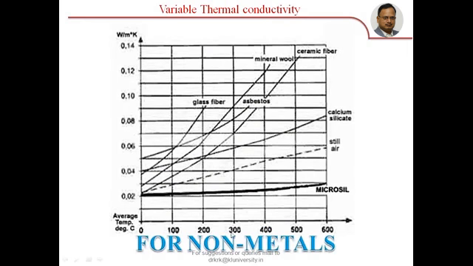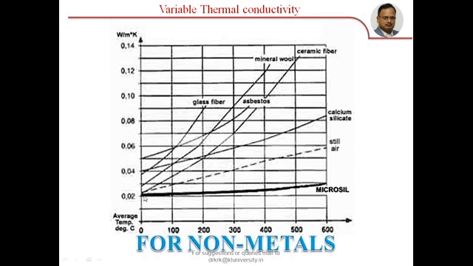And some other non-metals, if you consider, like insulating materials, ceramic, mineral wool, glass fiber, asbestos, calcium silicate, etc. You can observe in this, the dashed line is for still air. Air, when it is at rest, when there is no motion of molecules, it will pass heat transfer from one to the other only by means of conduction.